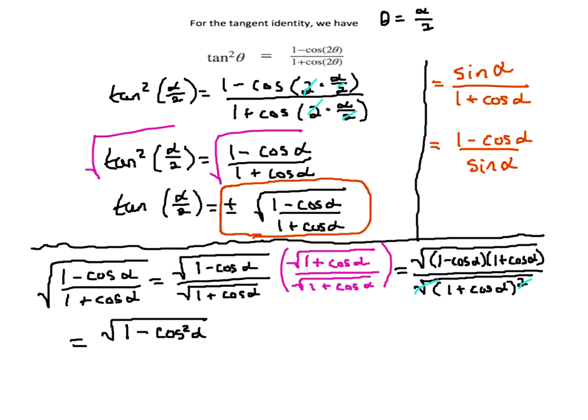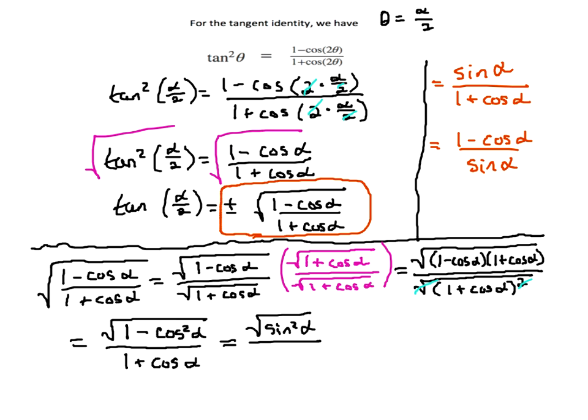Because I can go back and show the distribution if I need to. Okay, cool. And then down in the bottom, all I have left is 1 plus cosine alpha. Okay, so now here's a little bit of trickiness. 1 minus cosine squared alpha is the same thing as sine squared alpha.